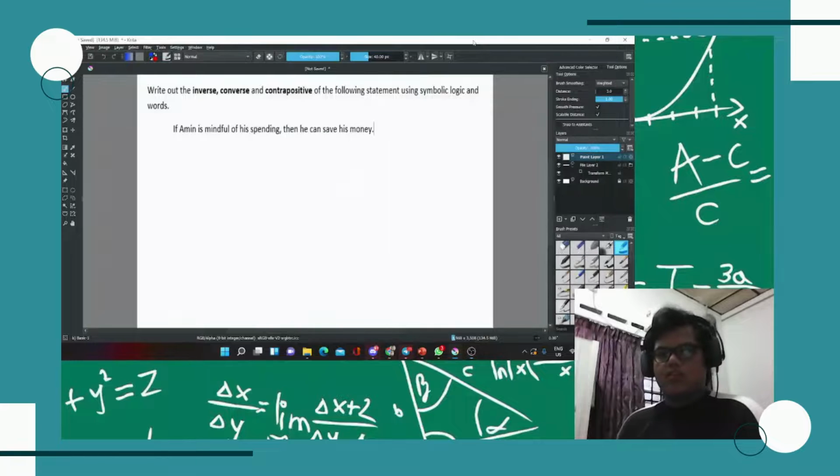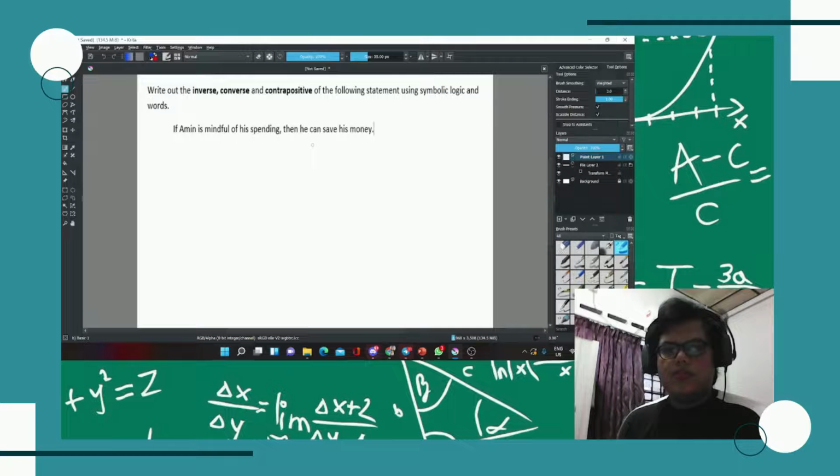Okay. This is the example for inverse, converse, and contrapositive. It is said here: write out the inverse, converse, and contrapositive of the following statement using symbolic logic and words. The statement is: if Amin is mindful of his spending, then he can save his money.